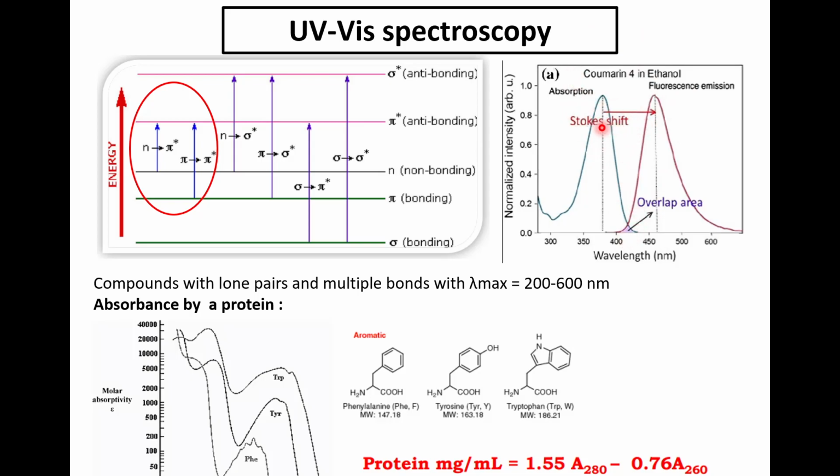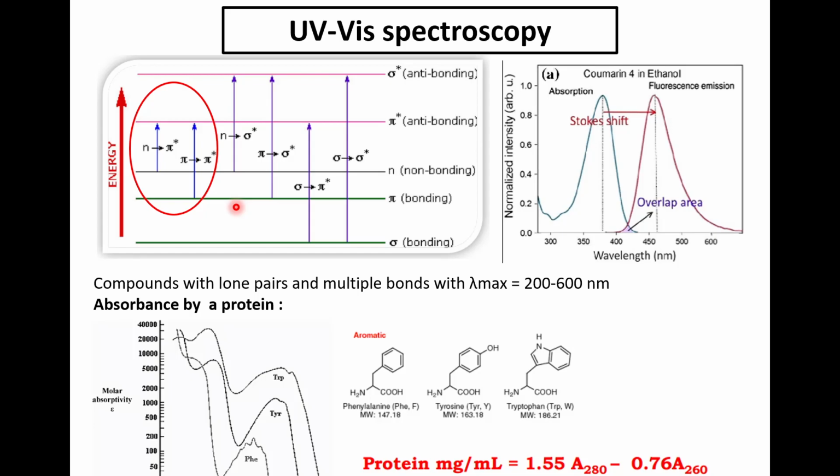So this is known as the Stokes shift. It means you are getting a wavelength that is higher than your original wavelength used for the absorption. Okay, and compounds with lone pairs and multiple bonds with lambda max equal to 200 to 600 nanometer fall under the UV visible spectroscopy range.